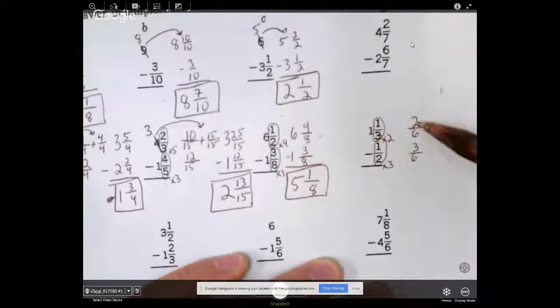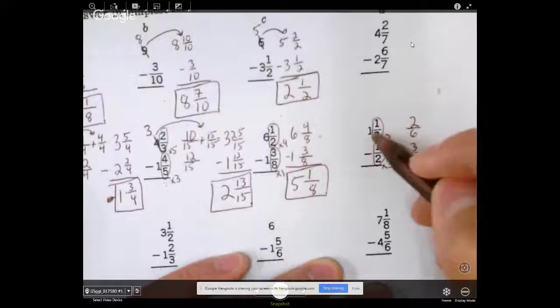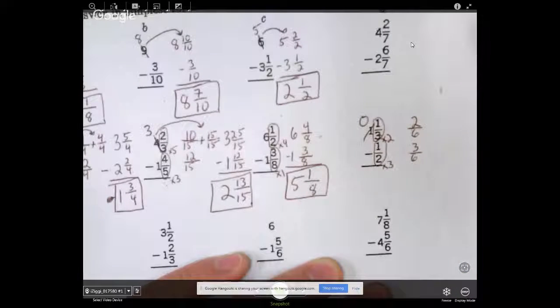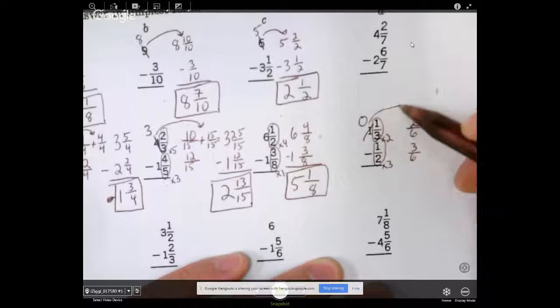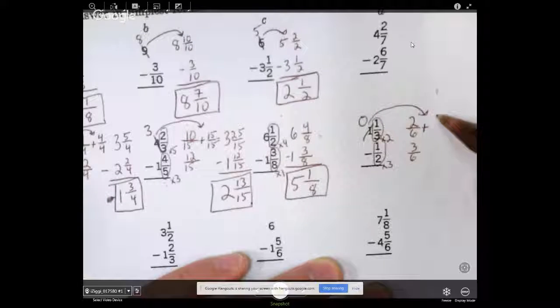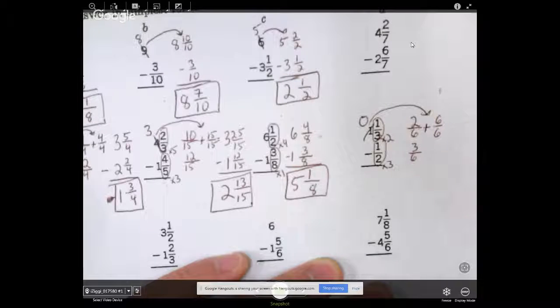Okay, now I'm going to do 2 minus 3, but I can't do it. 2 is smaller than 3. So I want to borrow from this 1. This 1 now becomes a 0. All right, so where did that extra 1 go that I borrowed? It's going to go over here. I'm going to add 1 here to this 2/6. What's that 1 going to look like? It's going to look like 6 over 6.